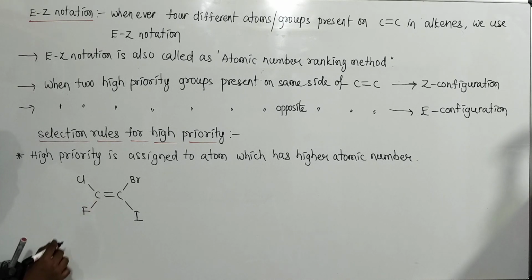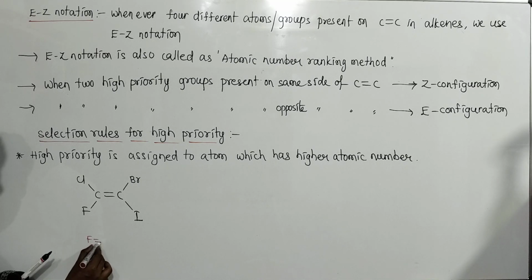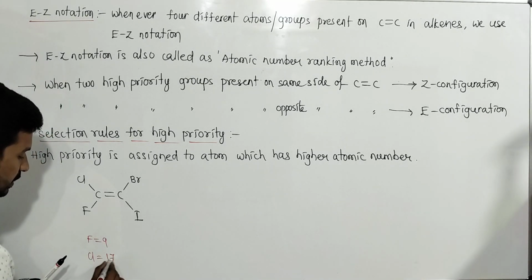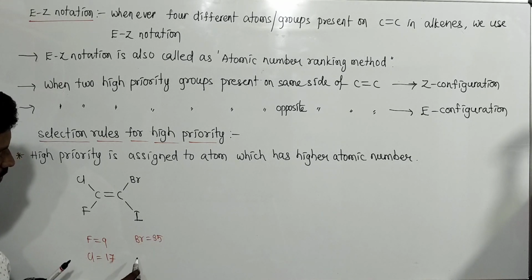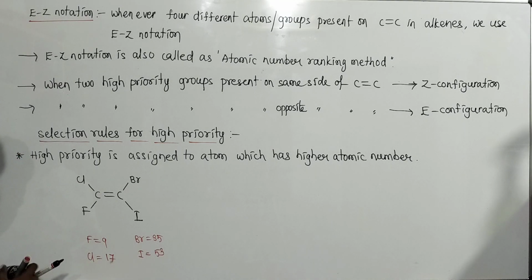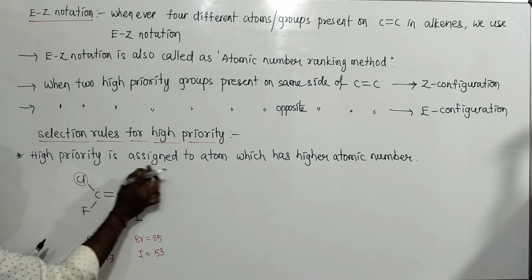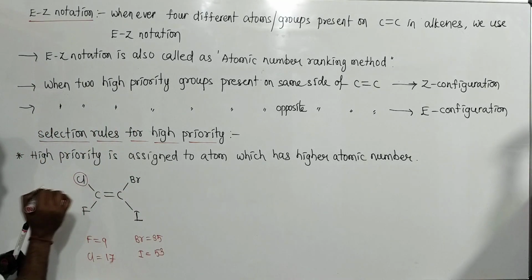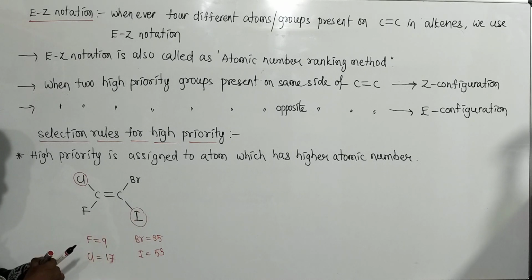The atomic number of fluorine is 9, chlorine 17, bromine 35 and iodine 53. Which one is the high priority group between fluorine and chlorine? Chlorine, because of higher atomic number. And between bromine and iodine, iodine has atomic number 53. So what is the high priority group?